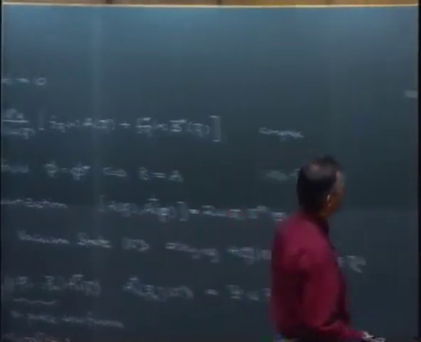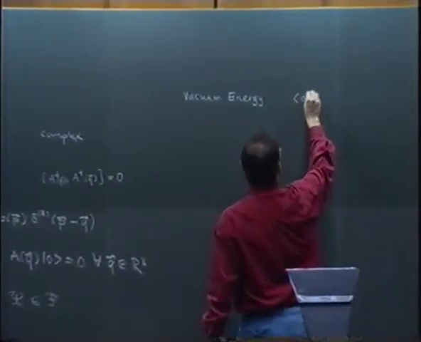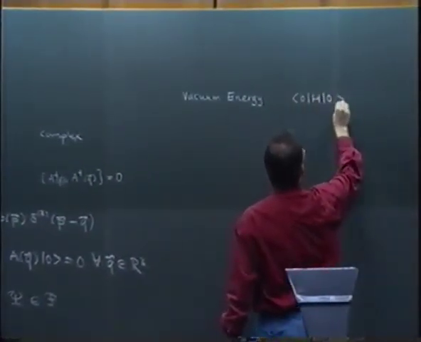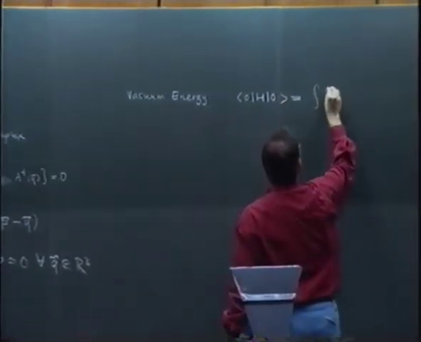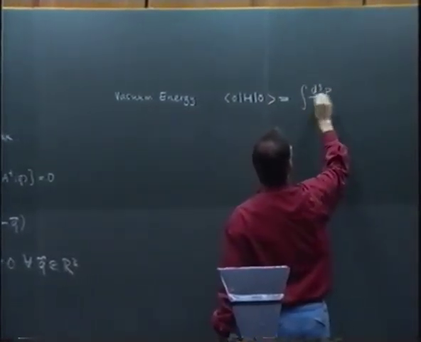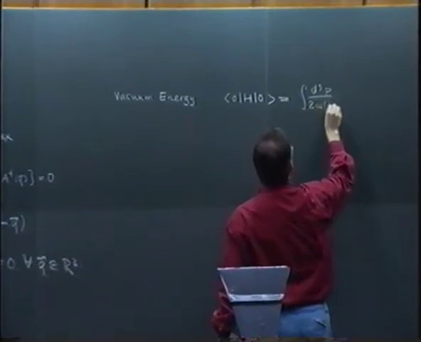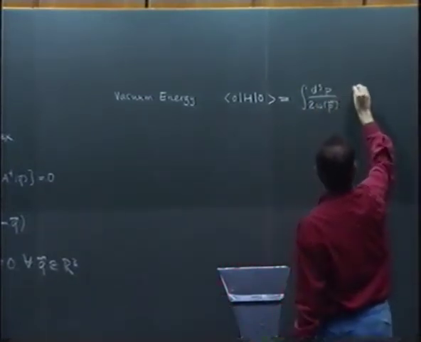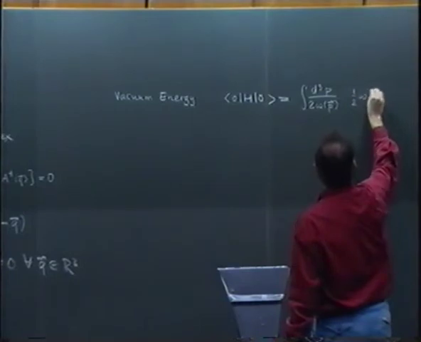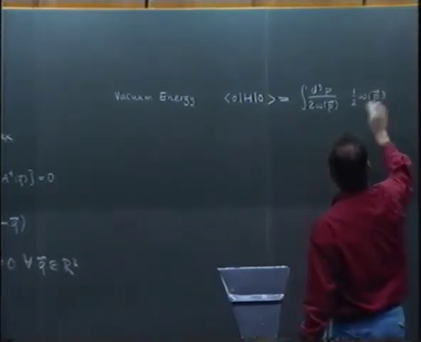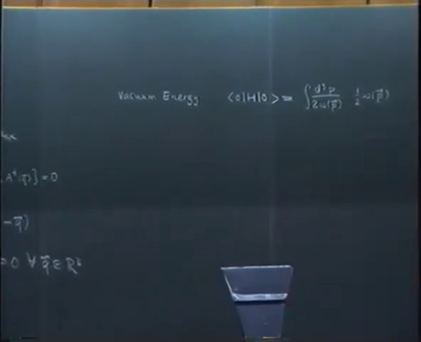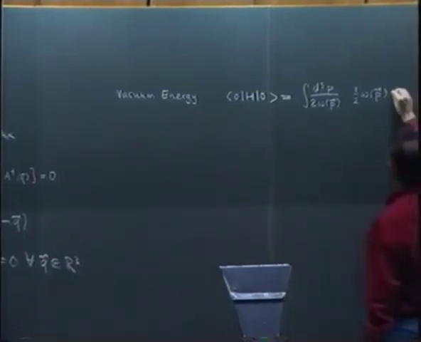So this will be something like the following: the integral of d3p times 1/2 h bar omega of p, so we get a contribution for every momentum. And this is, of course, divergent.